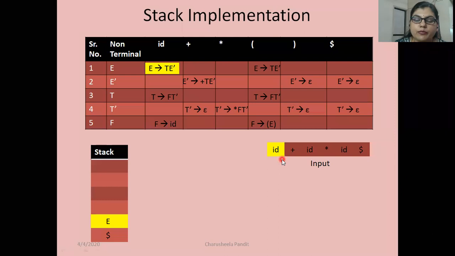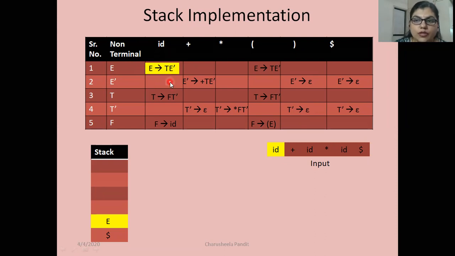So we'll take the help of the parsing table and see, for the E start symbol and ID as the input, what is the expansion. We can see in the E row and ID column, we got that E expanded to TE'.